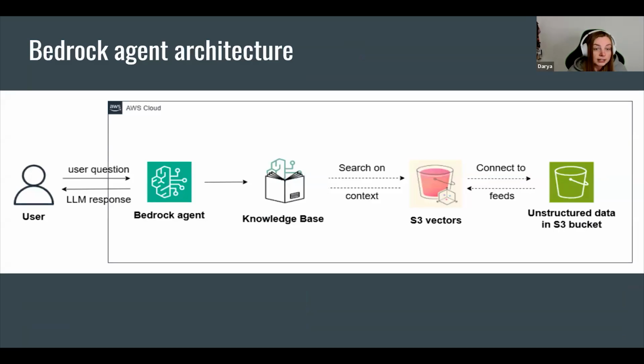Okay, so the architecture will be pretty simple. We have our user here who will be interacting with our Bedrock agent. We will have the connected knowledge base that we created in a previous step. And that knowledge base will perform the search on S3 Vectors, and our raw data lives in a structured S3 bucket.